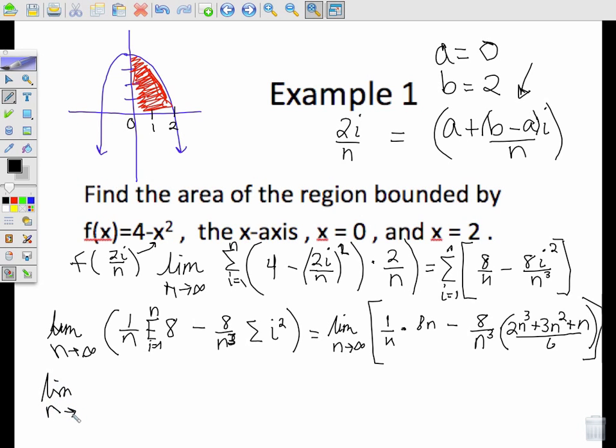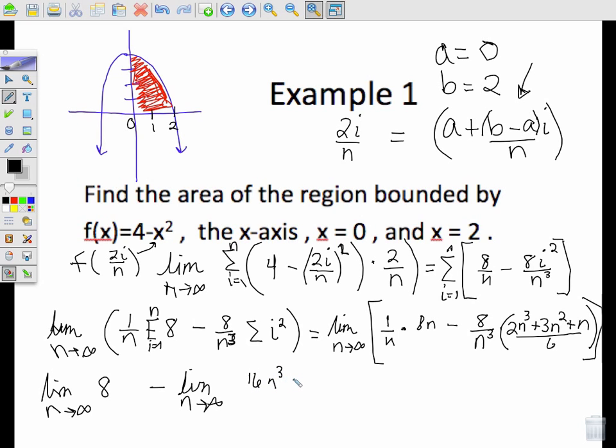So I've got the limit as n approaches infinity. This pen is awful tonight. I'm going to multiply 1 over n times 8n, which gives me 8. Minus the limit as n approaches infinity of, and I'm going to distribute this out as well.